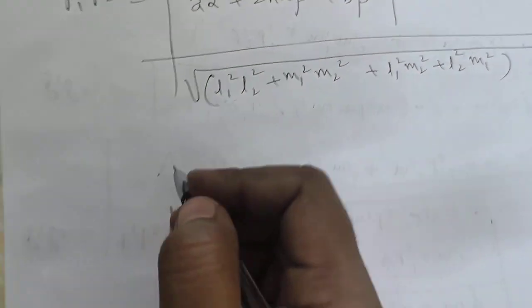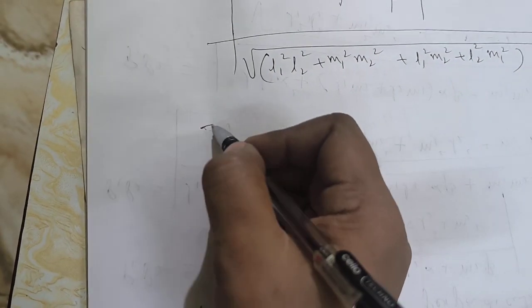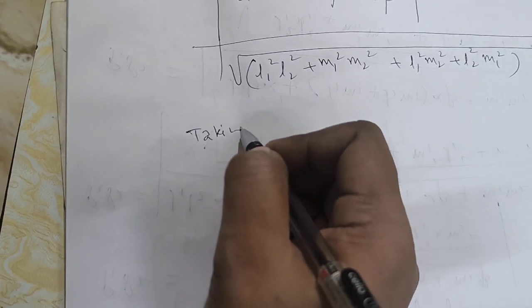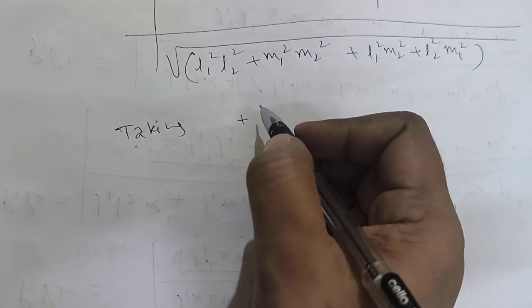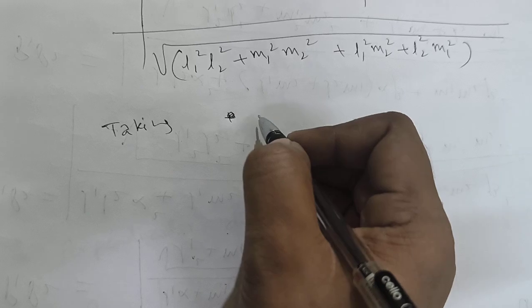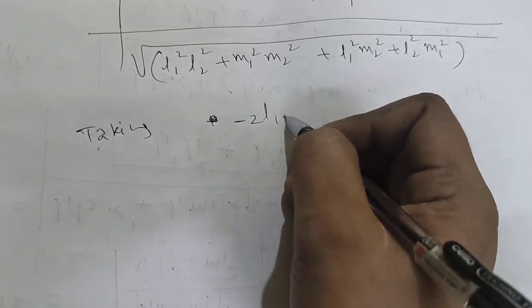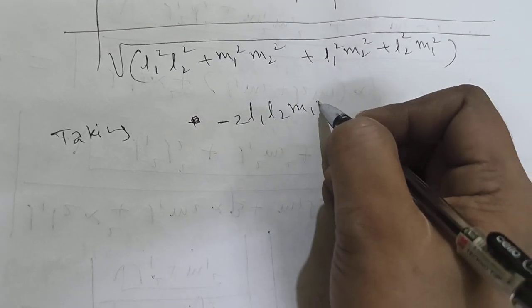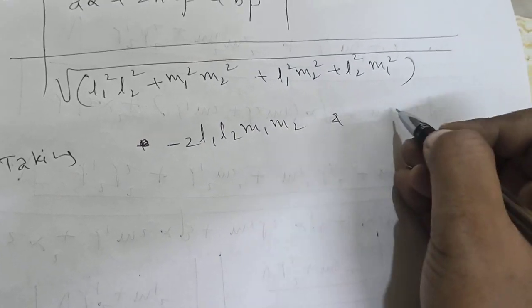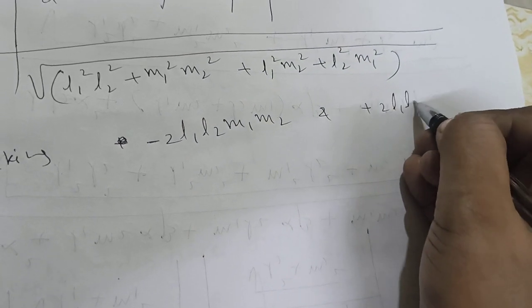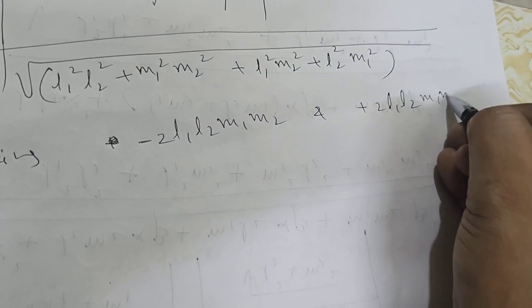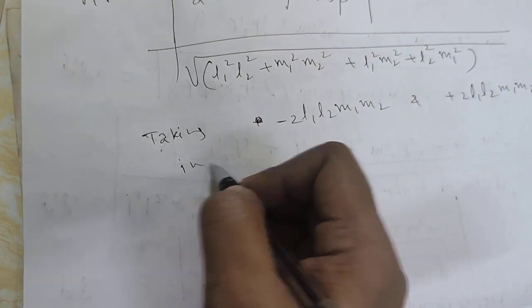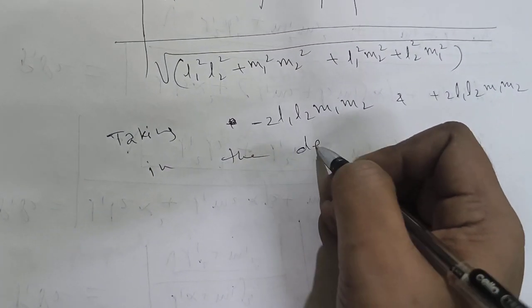Okay. Now we will write one statement, first we will write minus 2 l1 l2 m1 m2 and plus 2 l1 l2 m1 m2 in the denominator.